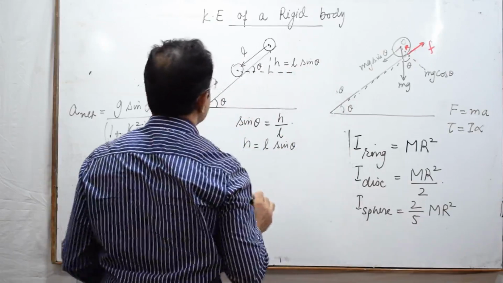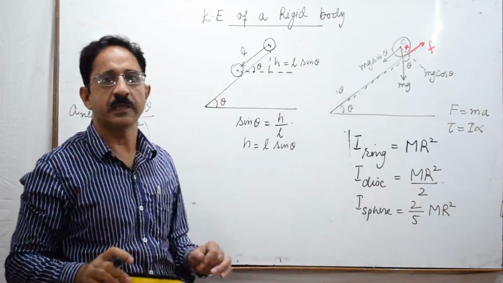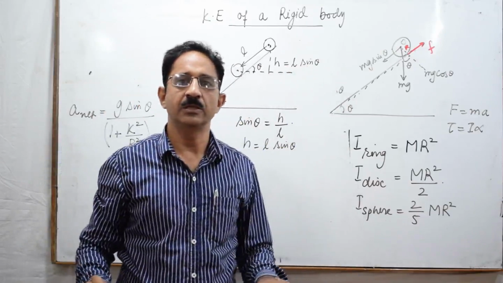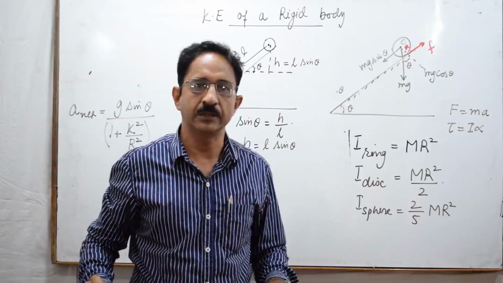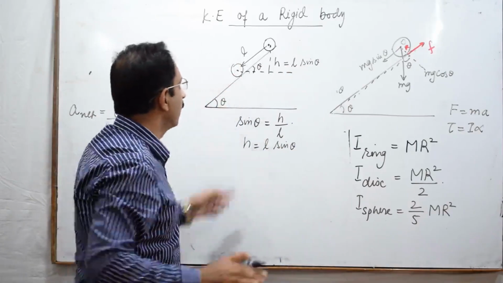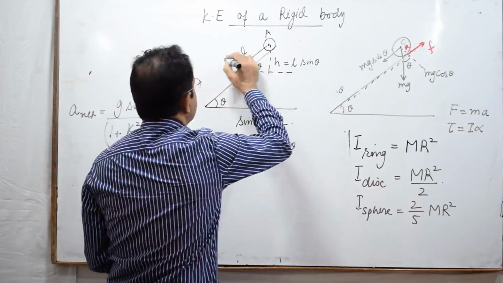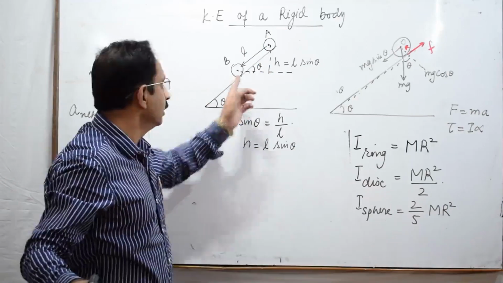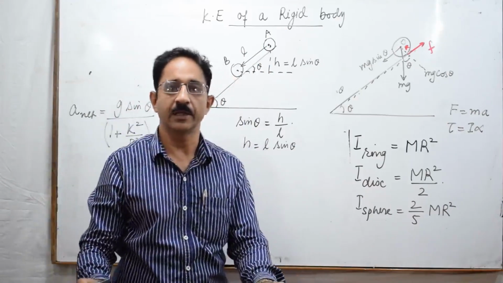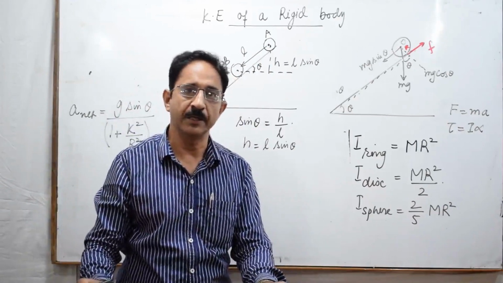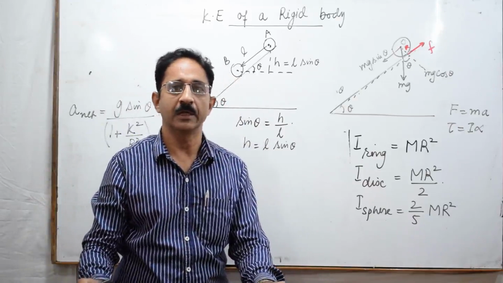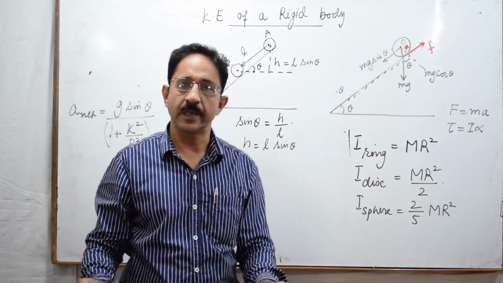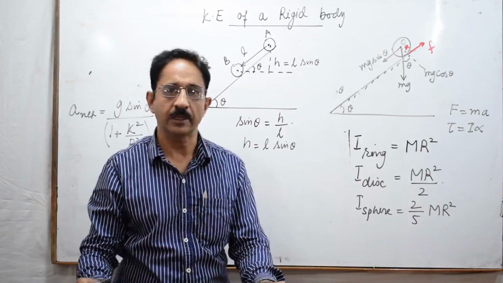You will see what the initial state of the system was. Initially it did not have any kinetic energy, and when it reached here from point A to B, it has gained kinetic energy. Now at this position it possesses two forms of kinetic energy. What are those two forms? It has a translational kinetic energy and it has a rotational kinetic energy.